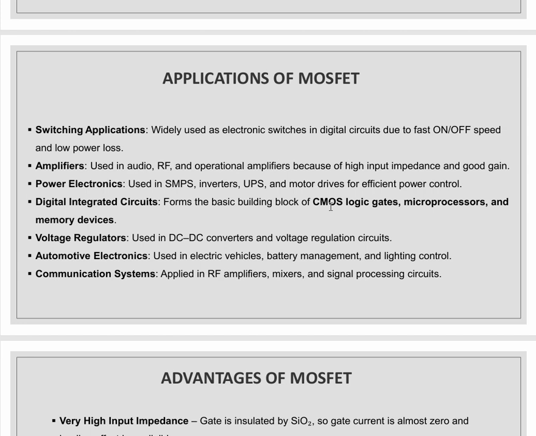Third is power electronics, used in SMPS, inverters, UPS, and motor drives for efficient power control. Digital integrated circuits: forms the basic building block of CMOS logic gates, microprocessors, and memory devices. Voltage regulators: used in DC-DC converters and voltage regulation circuits.